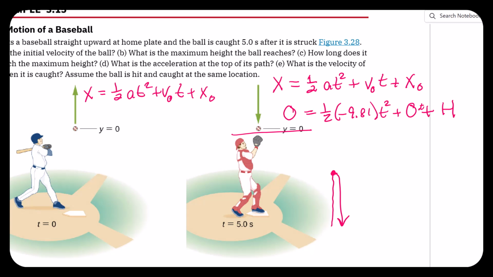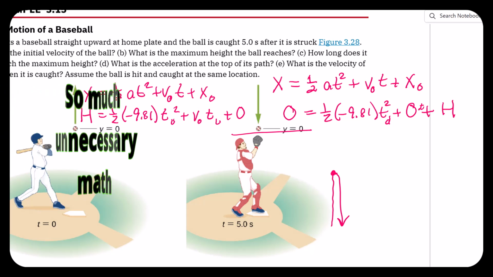Does that make sense? So this is the time down, which is going to be different than the time up, which is not great. Now over here, he ends at height h, 1/2 negative 9.81 t going up squared plus some initial velocity times t going up, and his start position is 0.